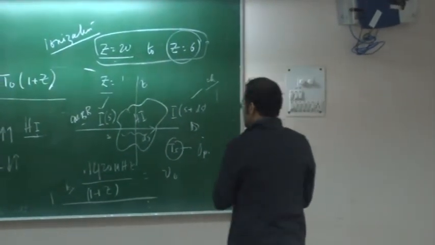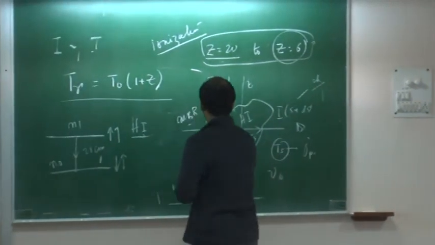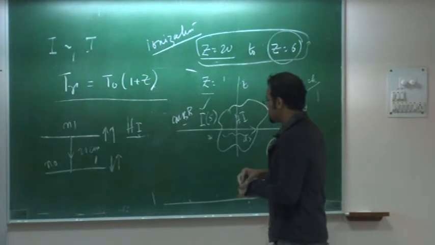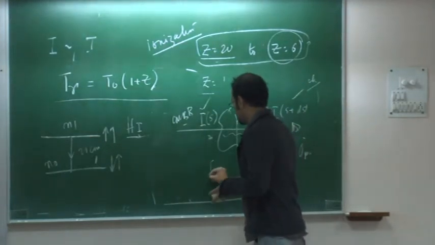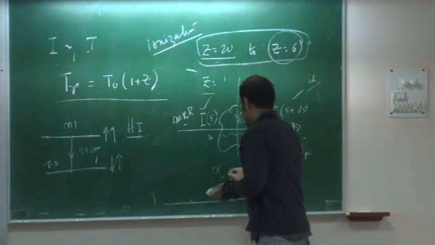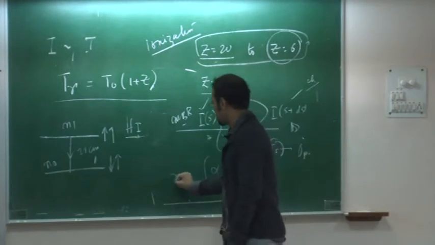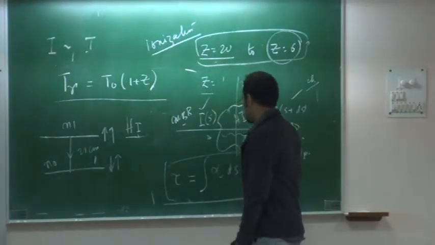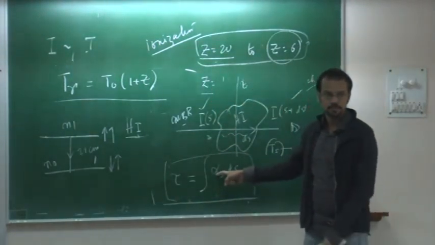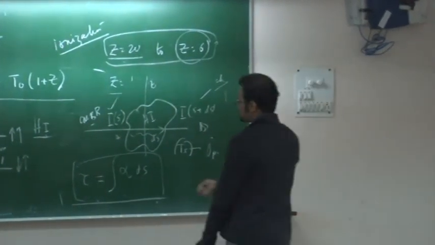And this tau is a quantity which is of crucial importance, and we shall be coming to it again and again. Tau is just this integral of alpha ds. So alpha is the absorption, and the integrated effect of the absorption coefficient is basically what is called tau.